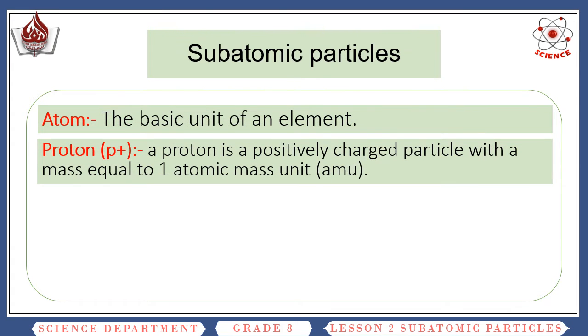Then proton. What is the meaning of a proton? We said before that proton is inside the nucleus and it has a positive charge. It is a positively charged particle. So the definition of proton is a positively charged particle with a mass equal to 1 atomic mass unit, or 1 AMU.